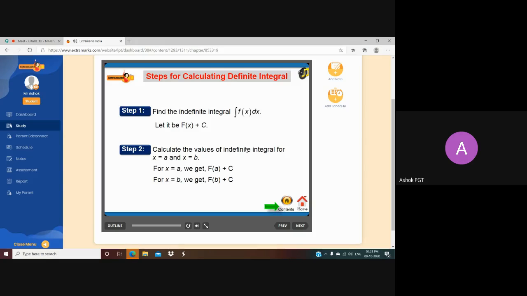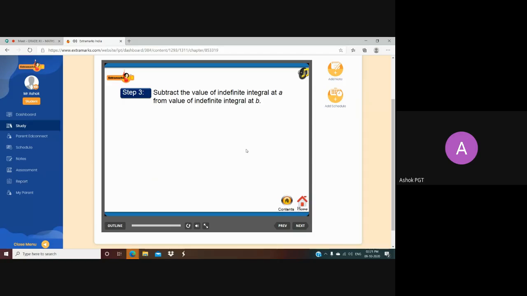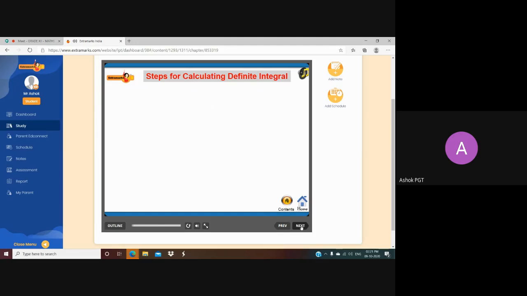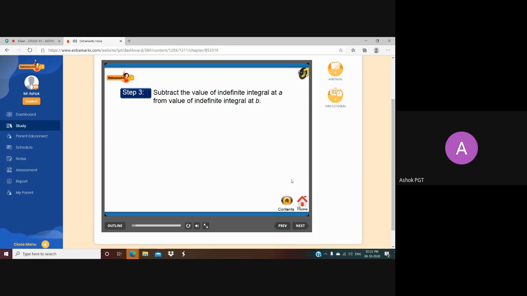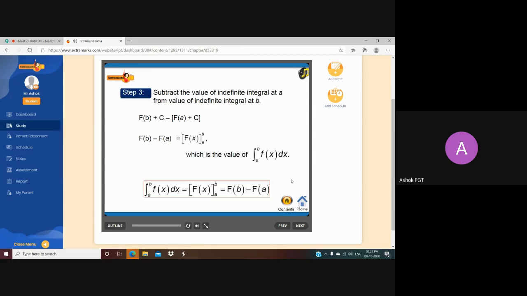For x is equal to b, we get F of b plus c. Step 3. Subtract the value of the indefinite integral at a from the value of the indefinite integral at b. We get F of b minus F of a, which is the value of the integral of f of x over closed interval a, b.